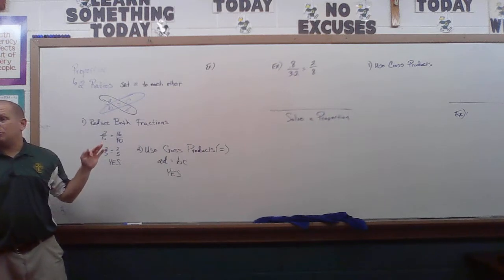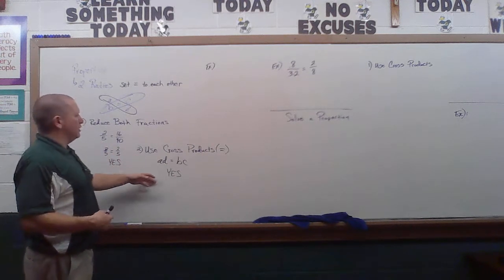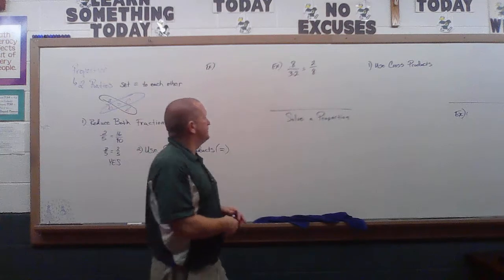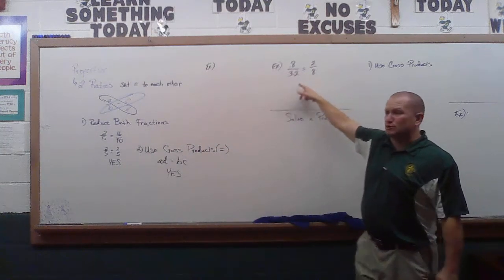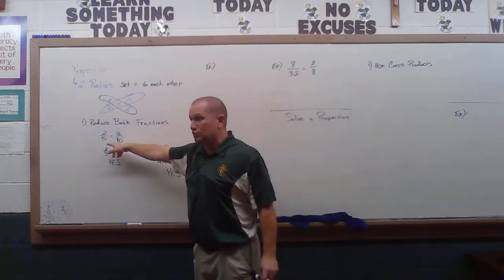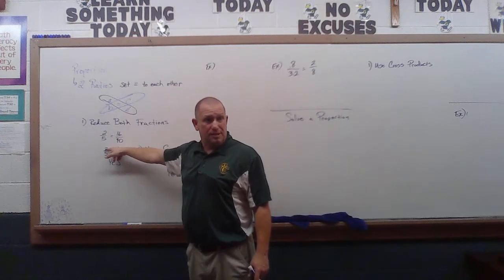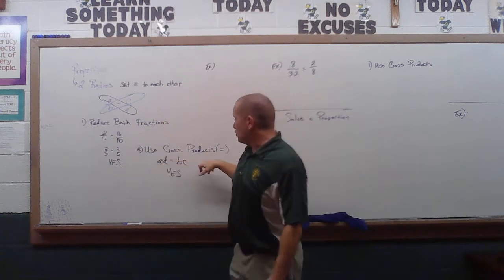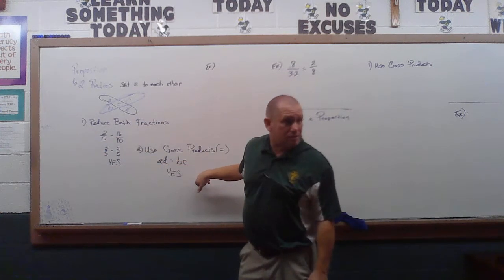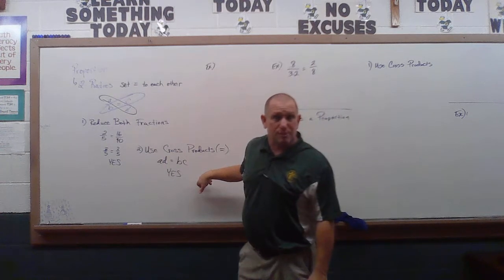So whatever way that you think is easier. Why we want to introduce both of them is because in some of the problems you might have decimals, and if you have decimals, it might not be that easy to look at it and reduce them. And so instead of reducing decimal numbers, we have a different version of it, and that is doing the cross products. That makes sense to everybody?